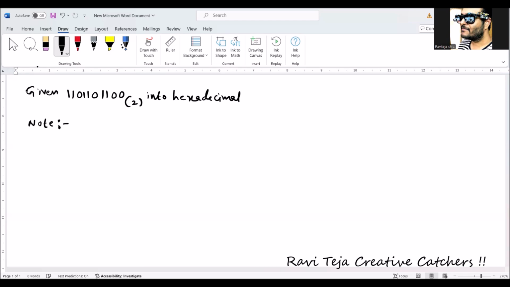In order to convert this particular binary number into hexadecimal, we need to consider groups of 4 bits of the binary in order to convert into hexadecimal representation.